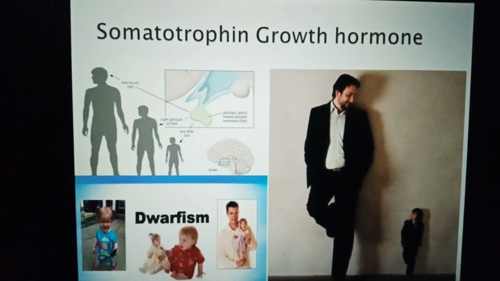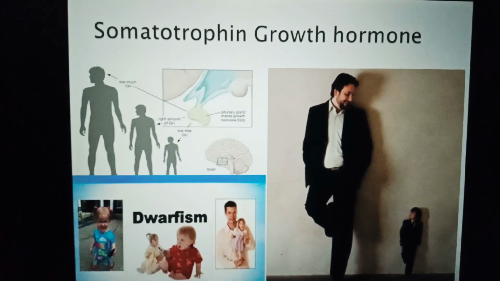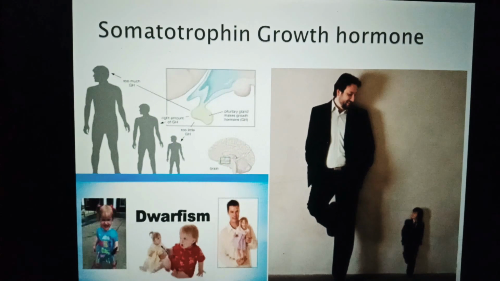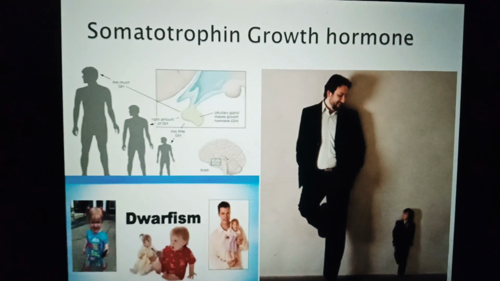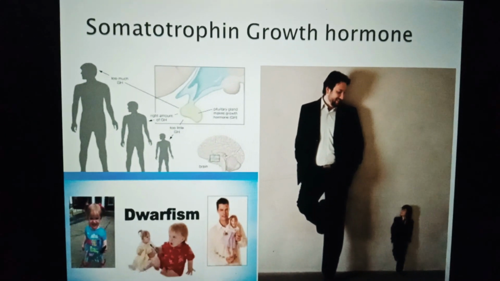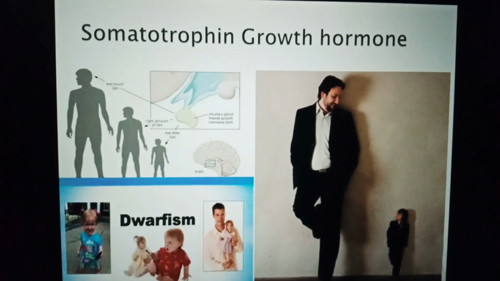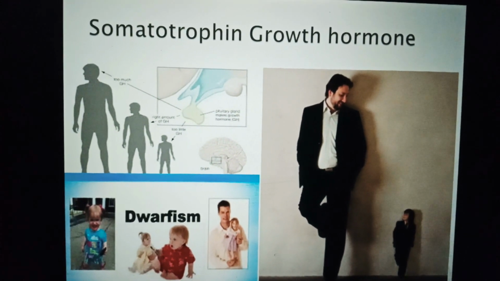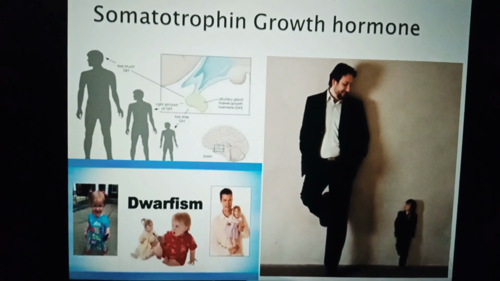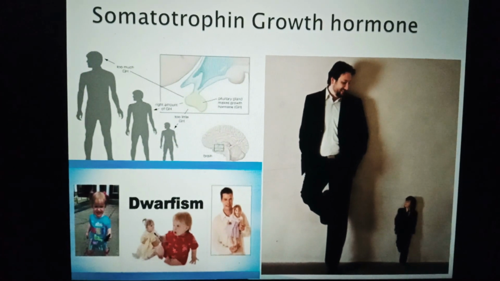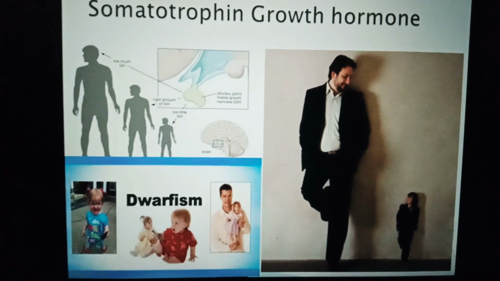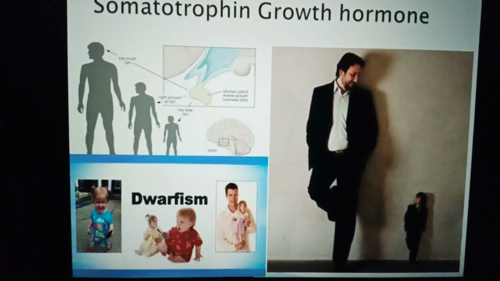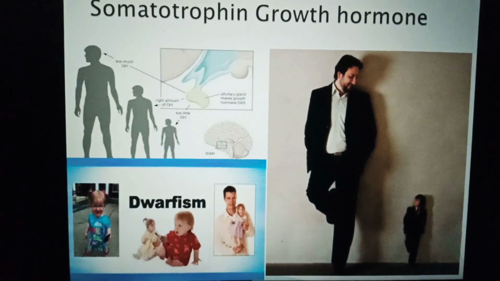As you can see here, an individual is growing due to the somatotropin hormone that is released by the anterior lobe of the pituitary gland. It promotes the growth of the body, and if the production of this hormone is less during the growing age, the rate of growth decreases.